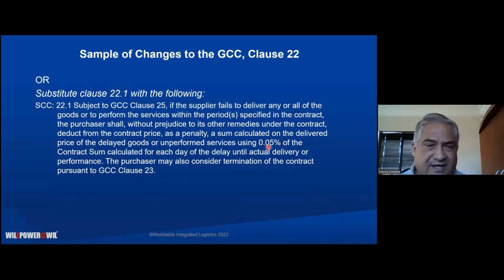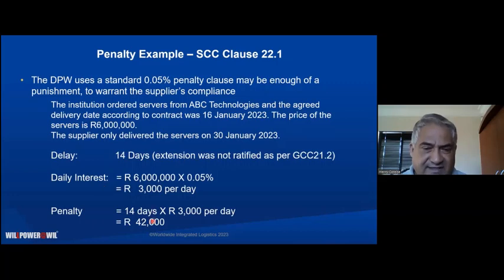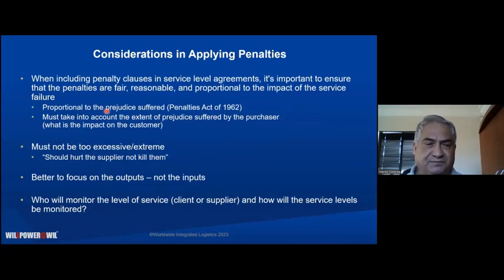And if you look at the example, you can see that it's almost double the amount that we saw earlier. Okay, that's the same scenario of the 6 million rand. So that is how you start using some of these special conditions of contract to introduce stuff that's very specific to you.